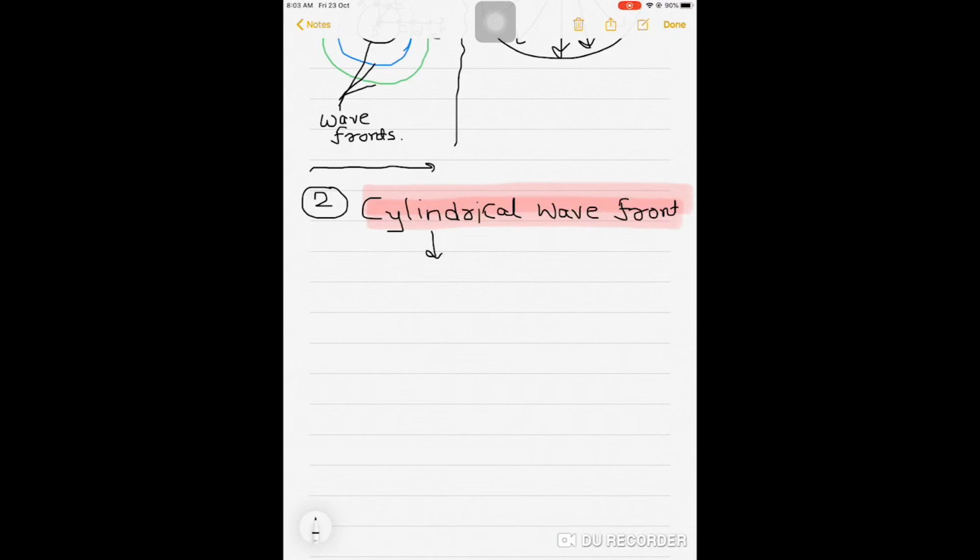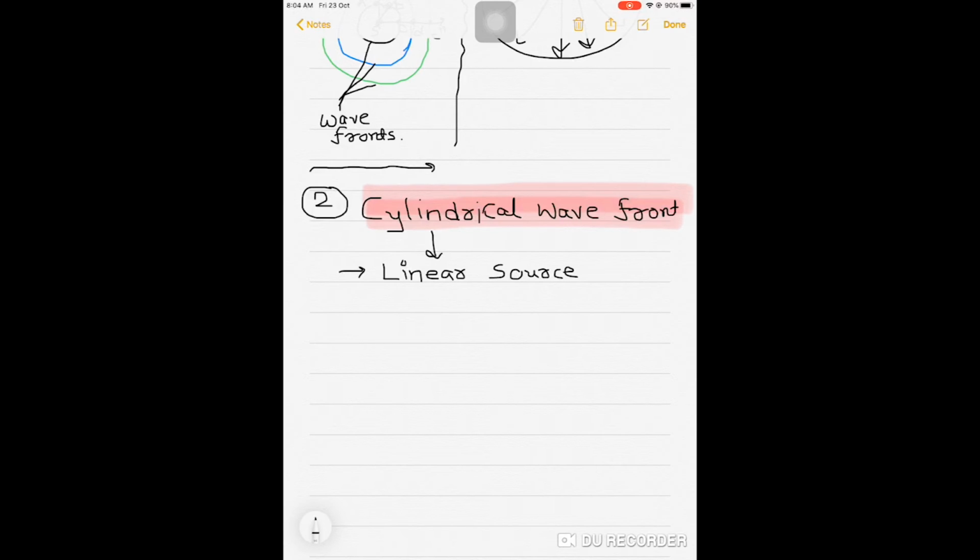We can say that when the source of light is linear in shape, a linear source, then whatever wavefront we observe is cylindrical.